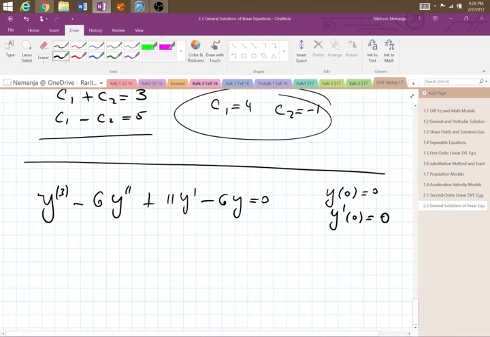Wow, that doesn't work. Now the solutions, it's also y prime of 0 is 3.